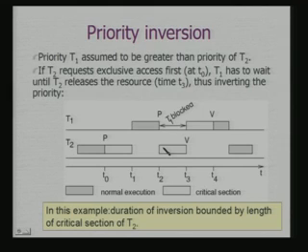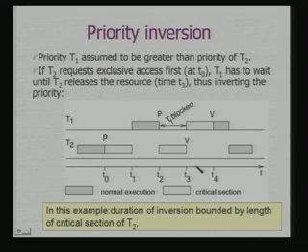So, this is an example of priority inversion. And the duration of inversion is bounded by the length of the critical section of T2. When the critical section is over, the resource is released at V. Then T1 gets the resource, it executes in the critical section, then releases the resource at V, but it continues to be scheduled because its job is not yet finished, and only after its task is done, T2 gets scheduled. So, this is according to the normal priority.